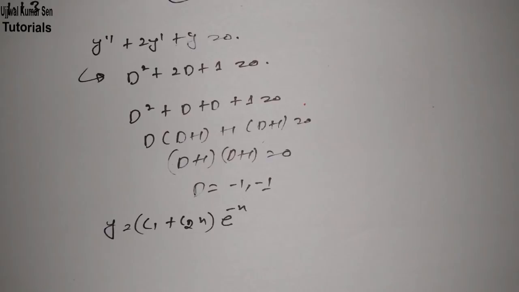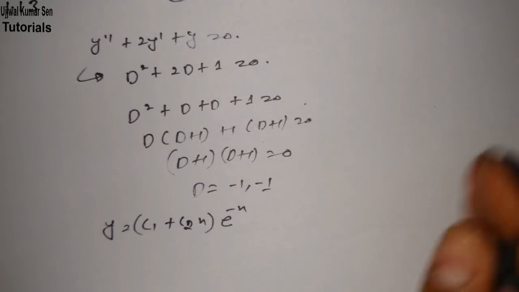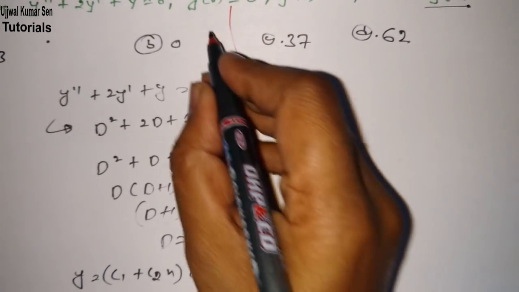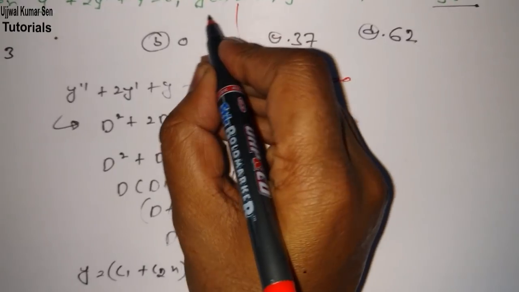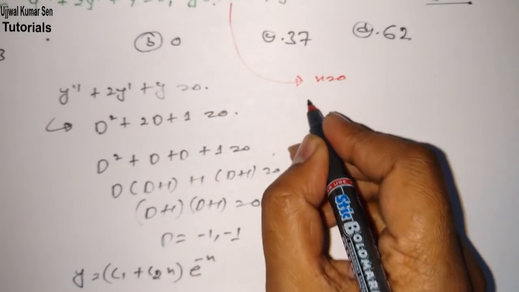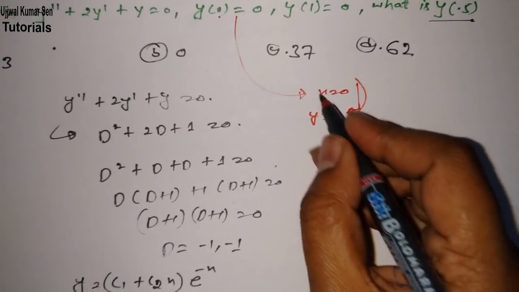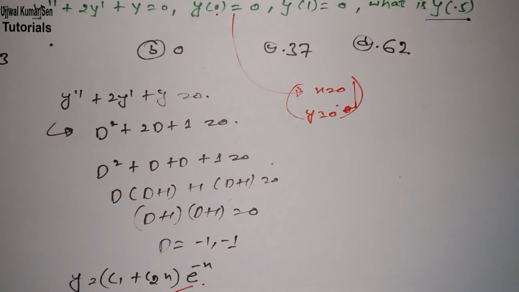You have to go a little beyond it. So what they have given here is y(0) equal to 0. What is the meaning of this? When x equal to 0, then y equal to 0. Therefore if x equal to 0 and y equal to 0, if I put this value here, what will I get?